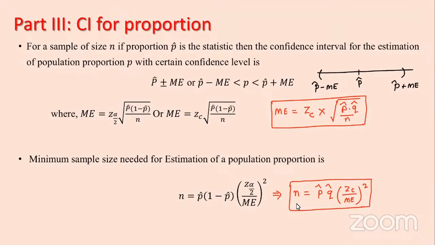So you can write your rounding key there, and it's always rounded up. If you get a decimal value, then you have to round it up. Always. If you get 20.1, it is 21. If you get 20.2, also it is 21. If you get 20.5, 21, 20.6, 21, right? Always round it to the next whole number, round it up.